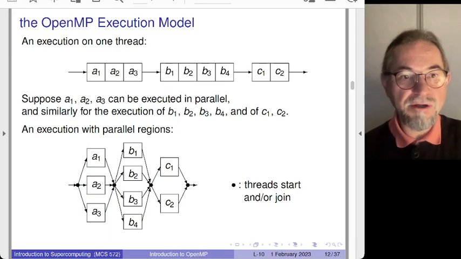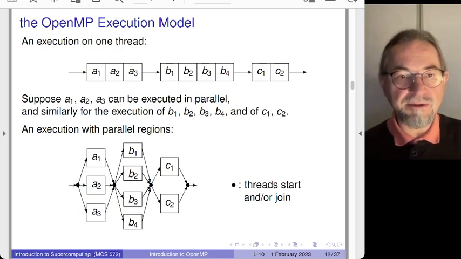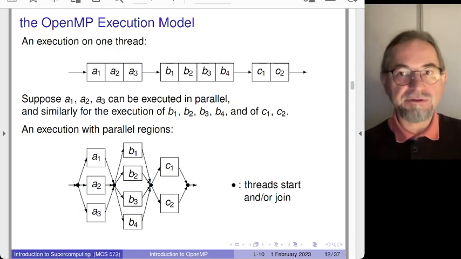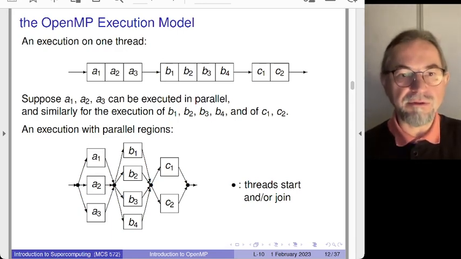So we have now three parallel regions, and in a parallel region there are threads of execution that are started, and then at the end of the parallel region they are joined. So there is one main thread of execution, but then there are several threads of execution that are started in each parallel region.